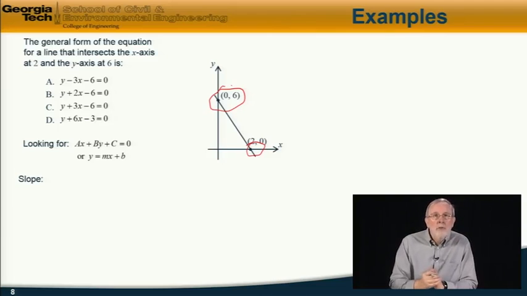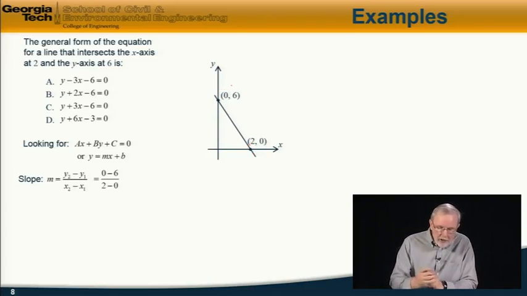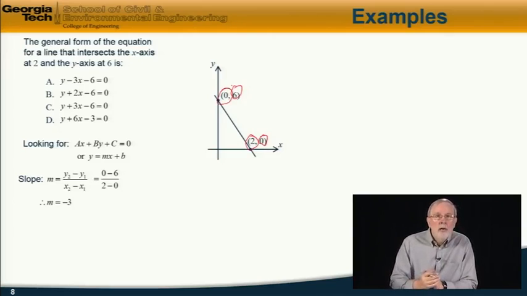So we can take those 2 points as our points 1 and 2, and the slope of the line between those 2 points is again equal to y2 minus y1 over x2 minus x1. So y2 is 0, y1 is 6, x2 is 2, x1 is 0. So the slope of the line is minus 3.